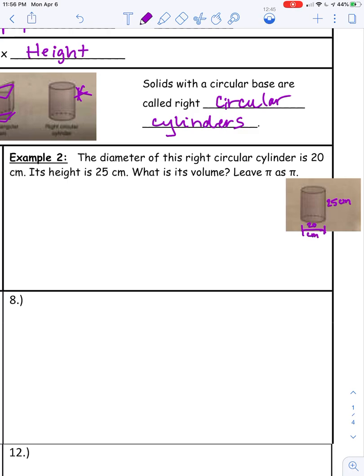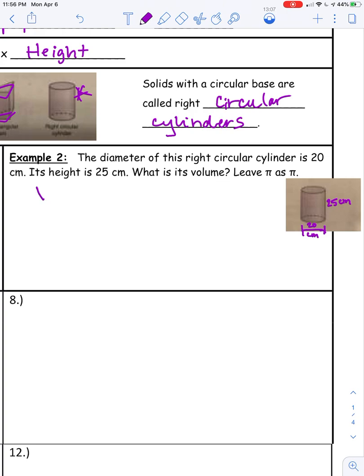So the base is the circle that it sits on. And then we also have an identical base. I could turn that can upside down. Both ends look the same. So anyway, we've got 20 centimeters on the bottom for the diameter of the circular bottom. Okay, so if you can picture that, that's what we're talking about here.